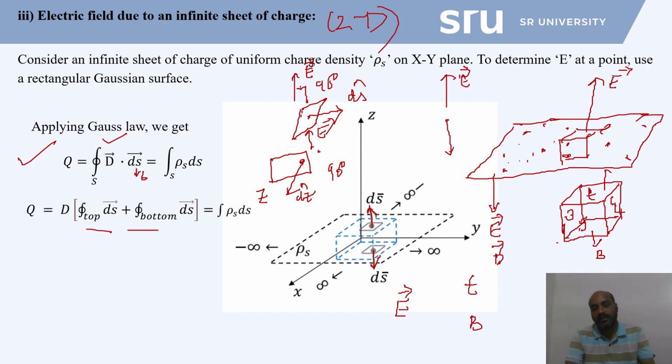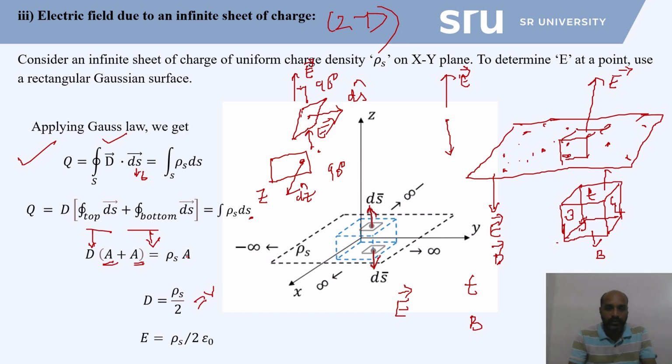So let the surface area of the top and bottom be A and A. On the right side, this will also be A. If you simplify that, D is equal to rho S by 2. Or in terms of electric field, you can write rho S by 2 epsilon naught.